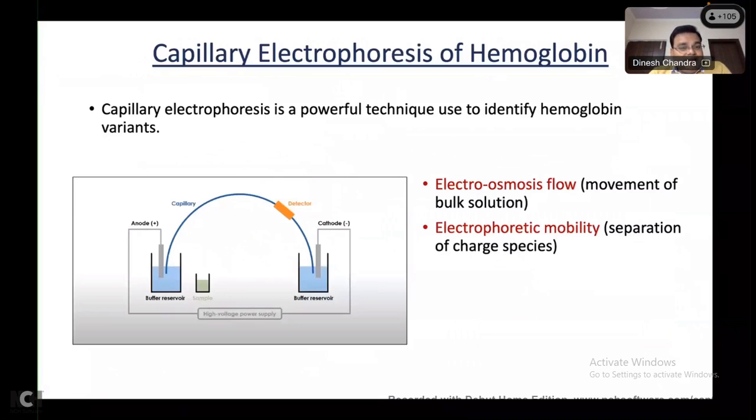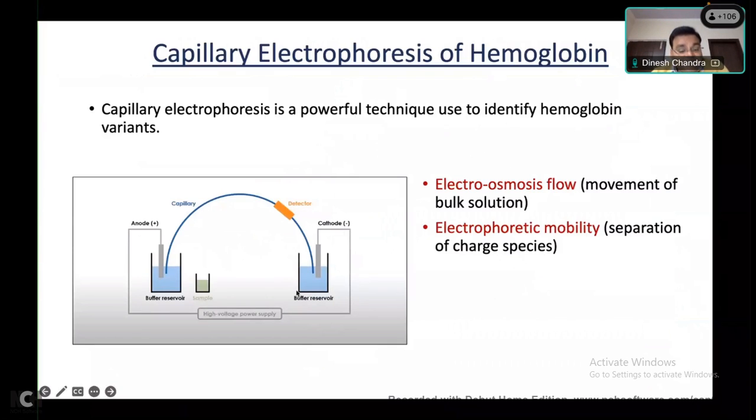Capillary electrophoresis is a very powerful technique to separate these hemoglobin variants, and many labs are using this technique for their analysis. To understand how it works, we have to understand the principle.